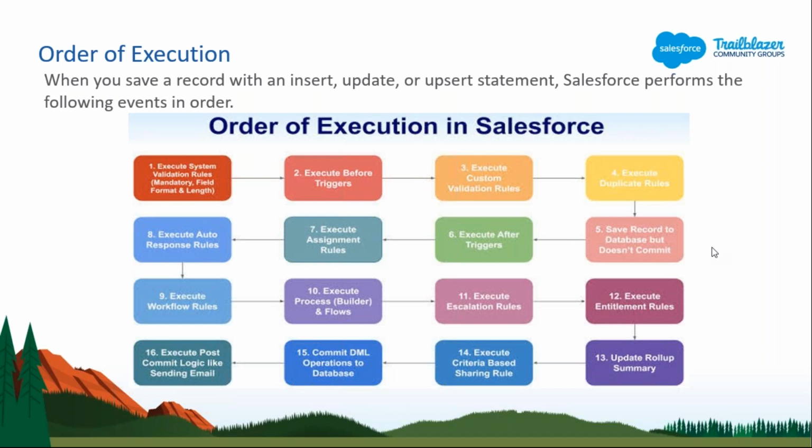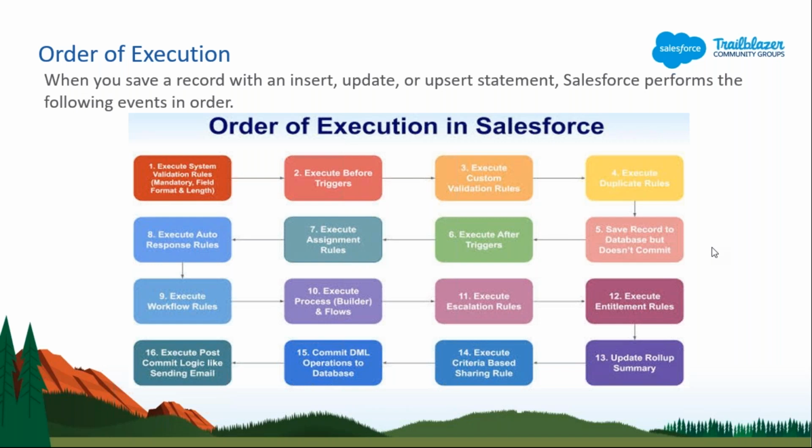If that governor limits error comes into your transaction, then all the records will be rolled back. There is no error handling or anything you can write inside your code, so that error cannot be handled at all. So no records will be inserted or updated.